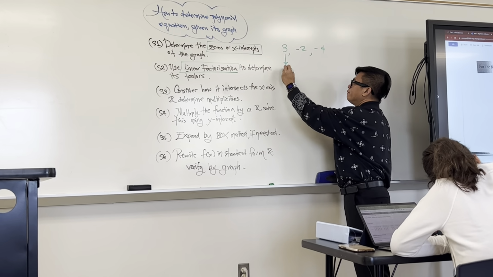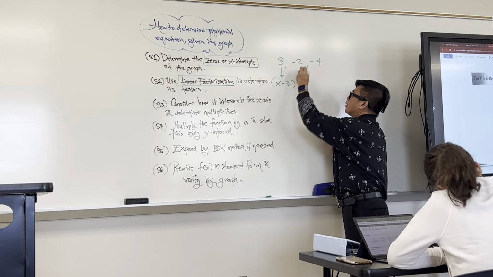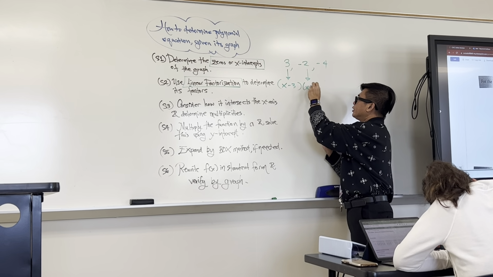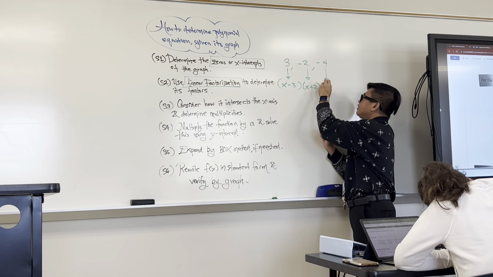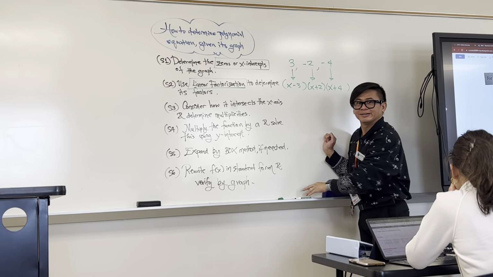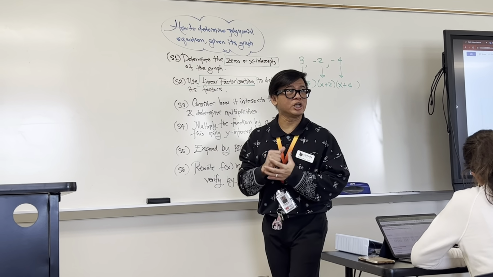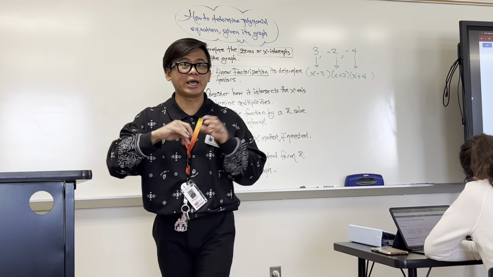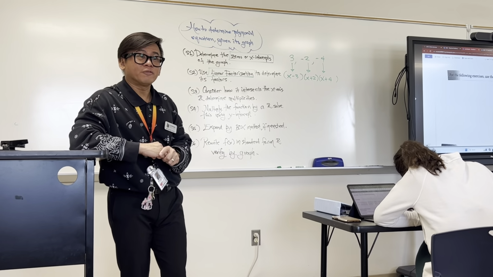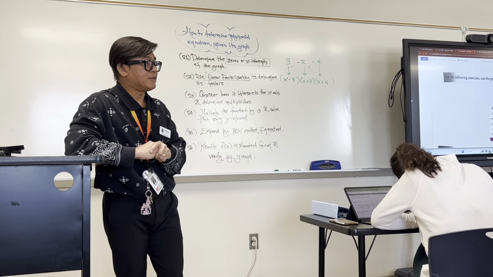X minus 3. Very good. What about at -2? X plus 2, very good. And the last one at -4? X plus 4. Good. Again, that's our linear factorization. Whatever your x-intercepts are, sign change them, put x in front of them, then those are each of the factors.